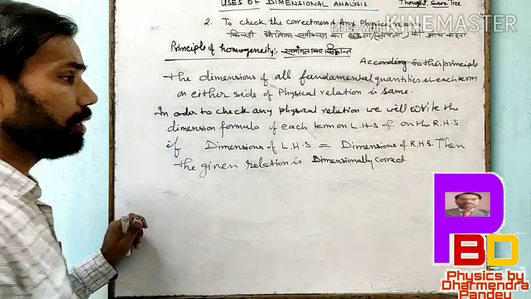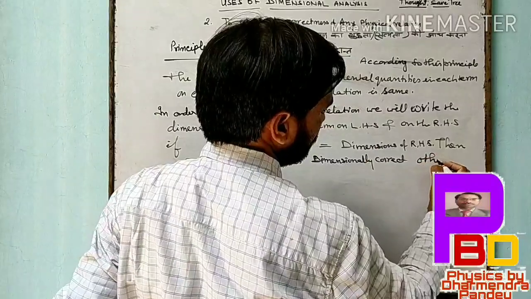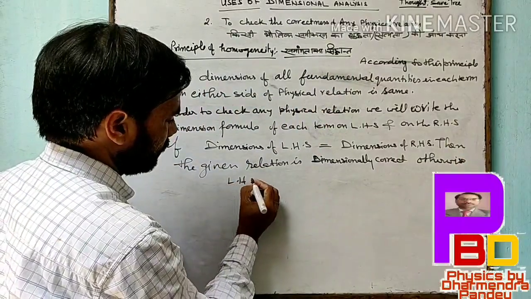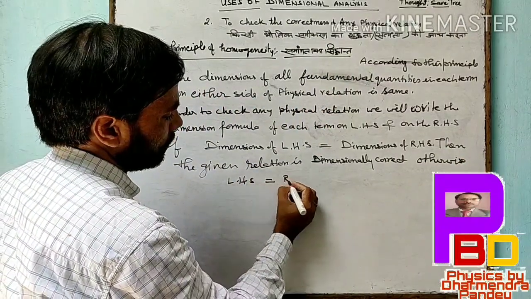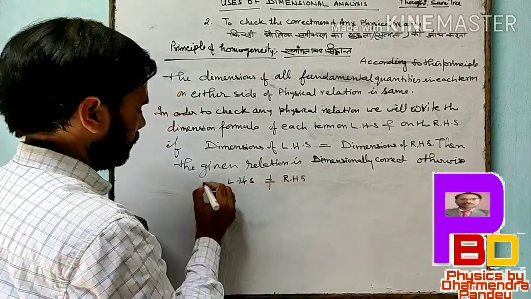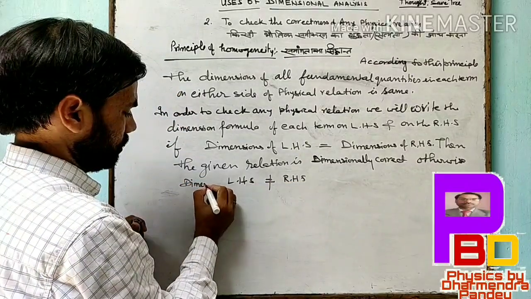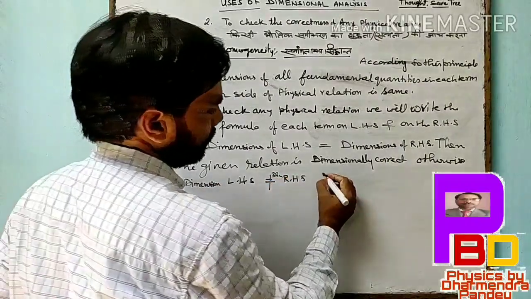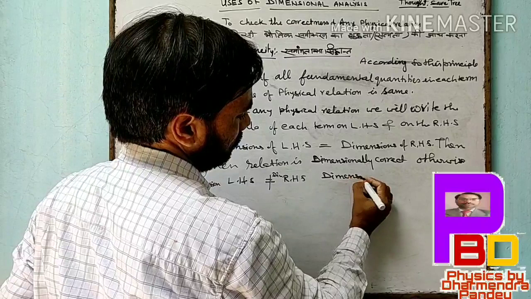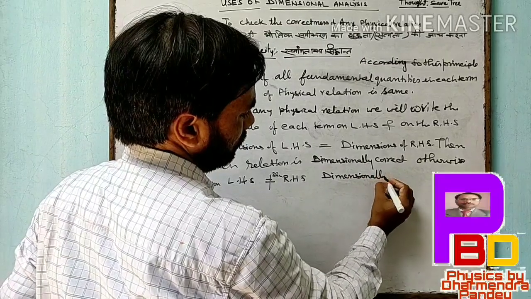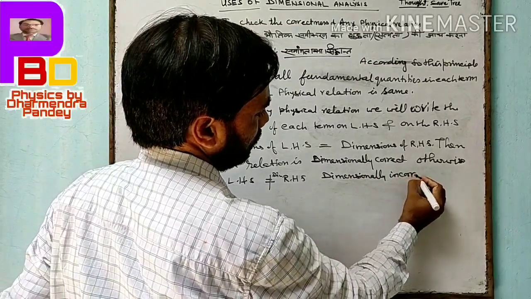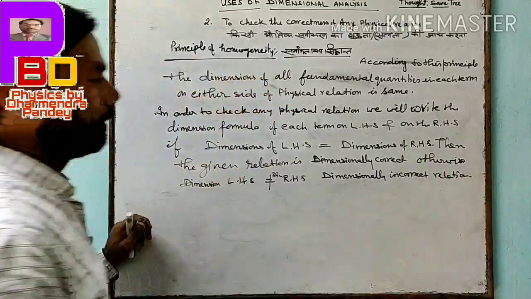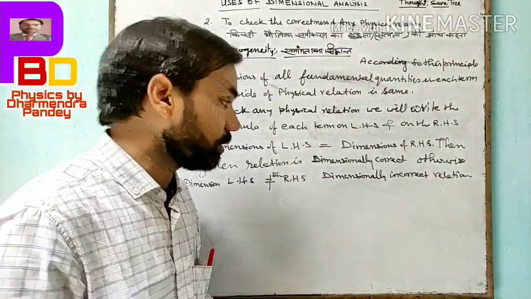Otherwise, suppose the left hand side is not equal to the right hand side, it means a dimensionally incorrect relation.